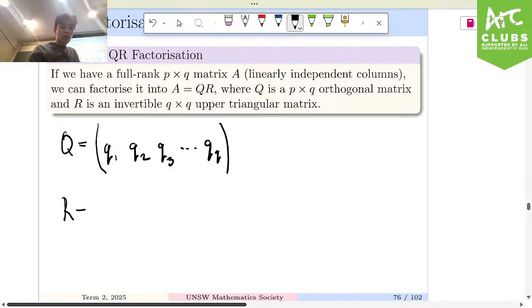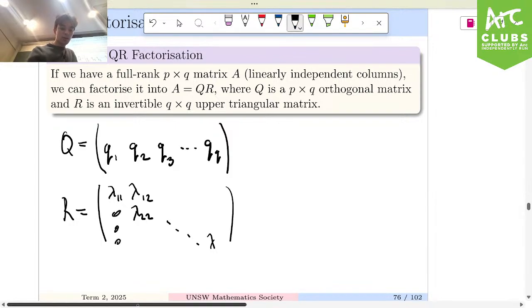And R is going to look something like this, right? So, you know, lambda 1,1, lambda 1,2, lambda 2,2, and all of these entries underneath are going to be 0, because it's upper triangular, right?